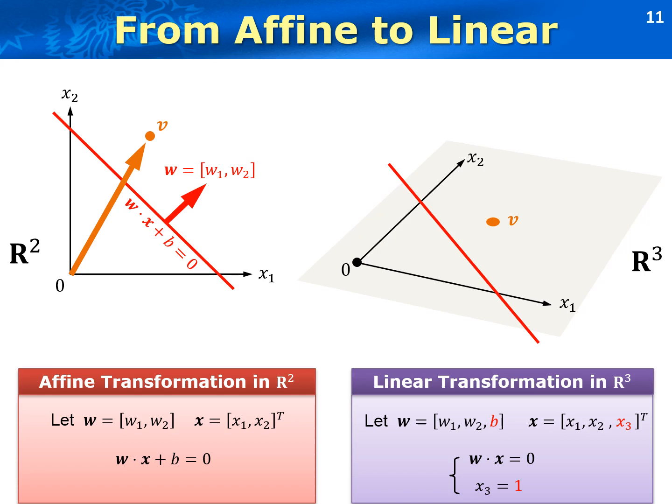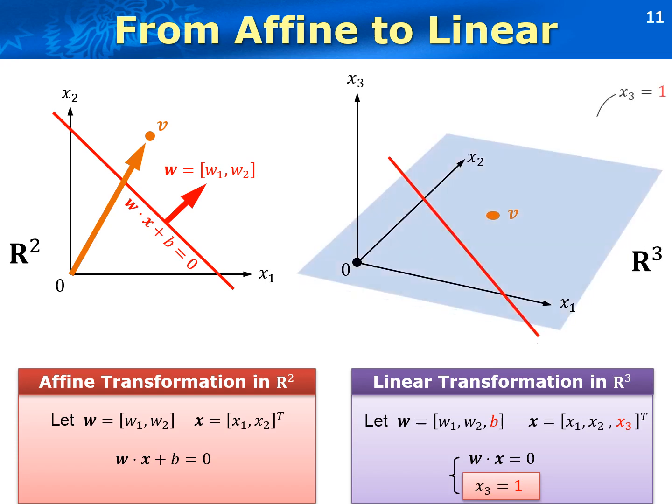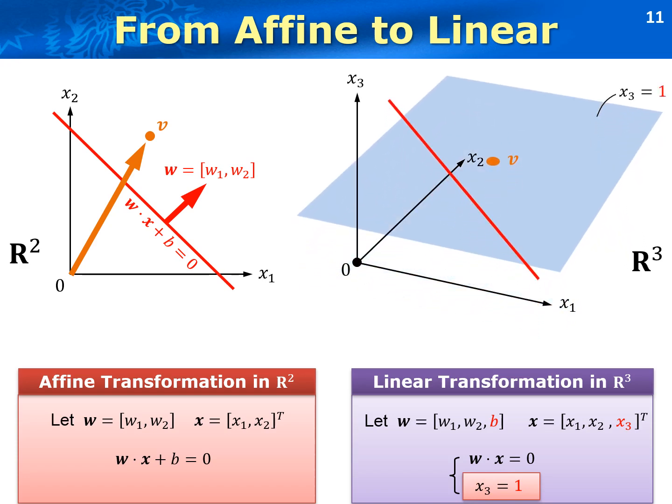Now let's visualize these two planes in 3 dimension. The plane x3 equals 1 is shown in blue color, which is parallel to the plane spanned by x1 and x2. We can project the red line at the given point V onto this blue plane. W times x equals 0 denotes another plane shown in red color, which is across the 0 point in 3 dimension.